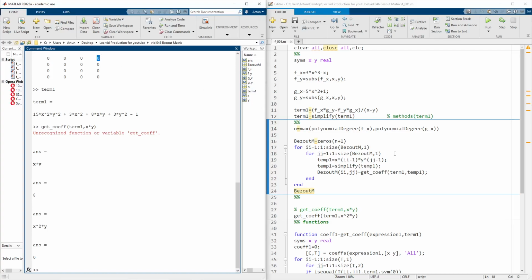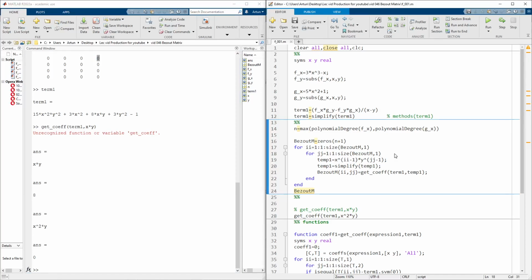Since MATLAB doesn't like the zeroth index of a vector, we need to subtract 1. Then you construct the term, and again simplify, and then get the coefficient of that term, and then write it into our Bézout matrix variable.